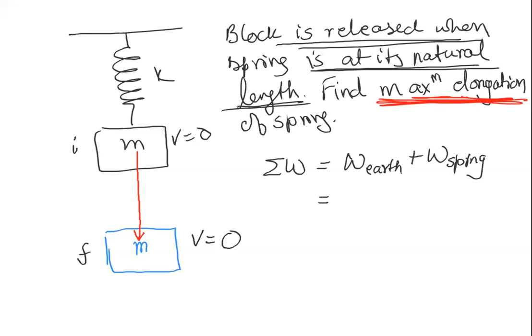So let's write the work done by Earth. Let's say that this comes down a distance of L. So the work done by the Earth must be equal to plus mgL.